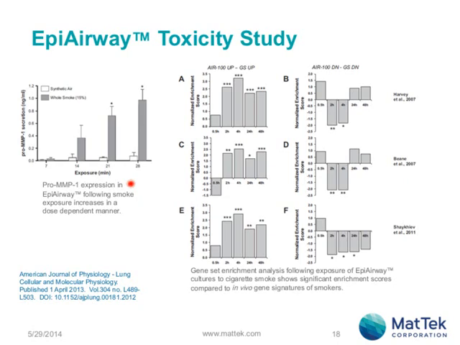So each signature is separated into upregulated genes here on the left and downregulated genes on the right. And you can see that in all 3 gene sets, smoke-exposed EpiAirway tissues had significant normalized enrichment scores for 4 time points post-exposure for upregulated genes and at least 2 time points post-exposure for downregulated genes.